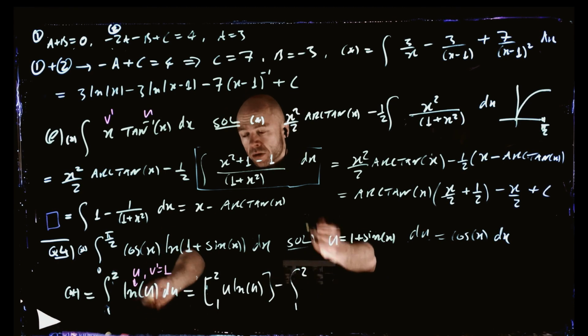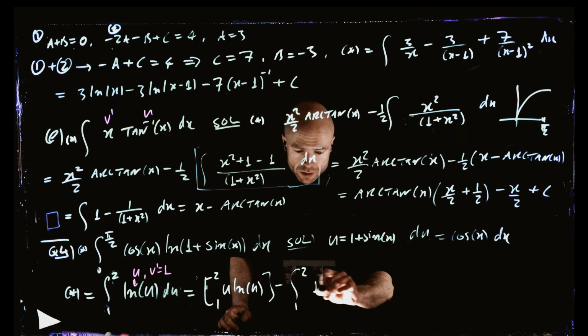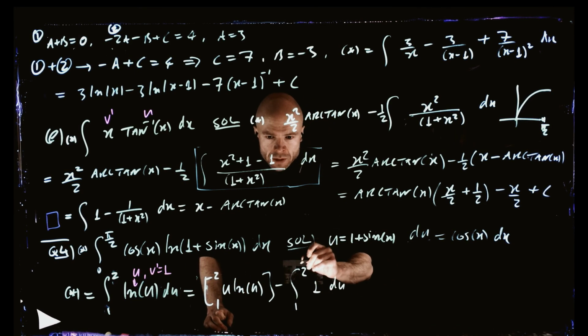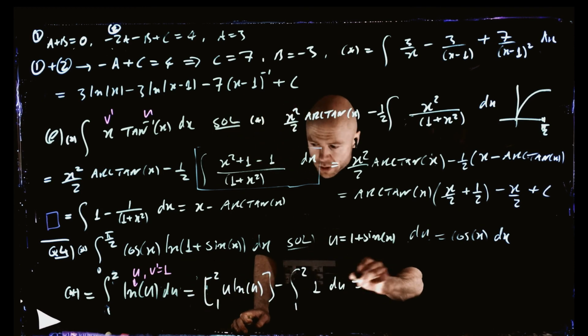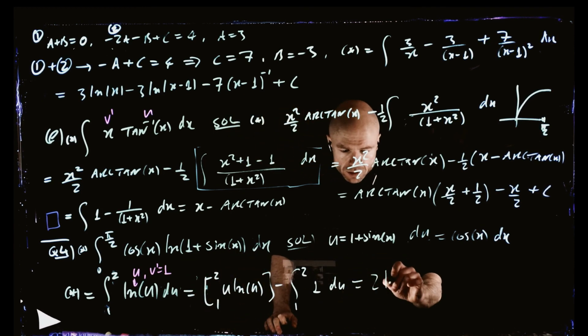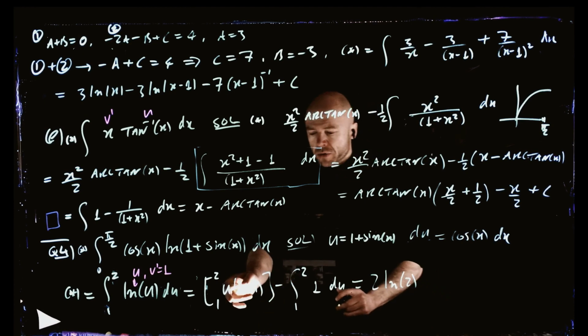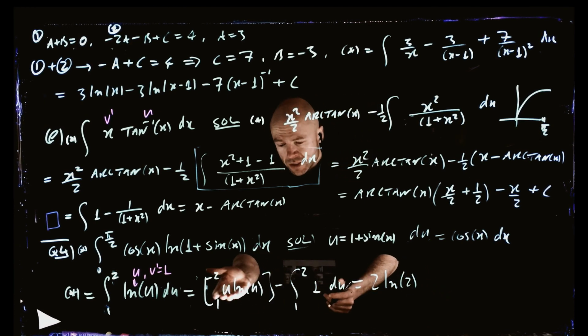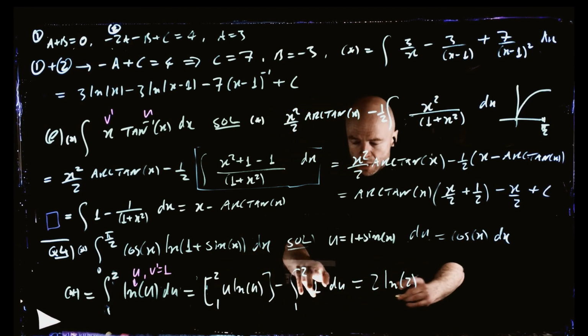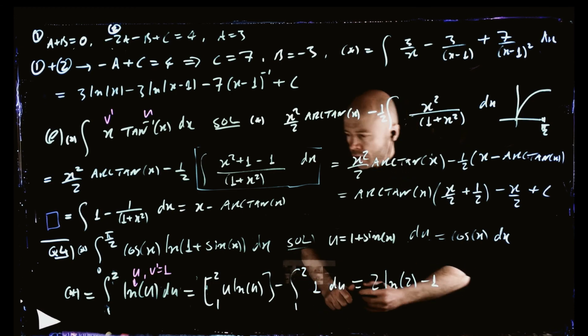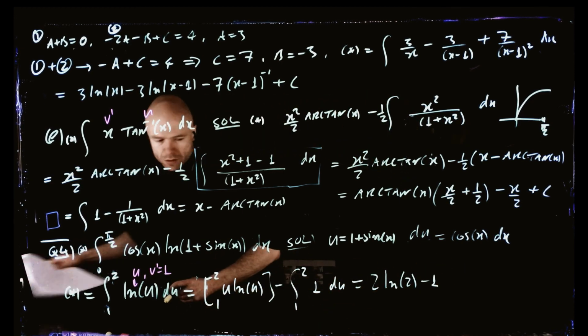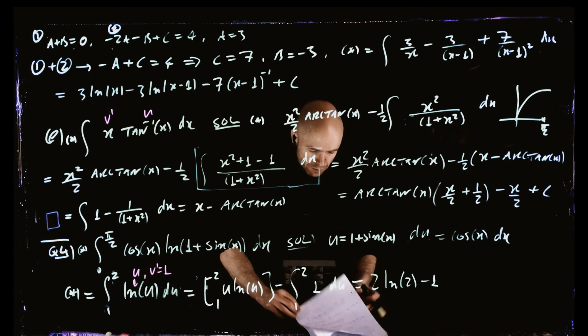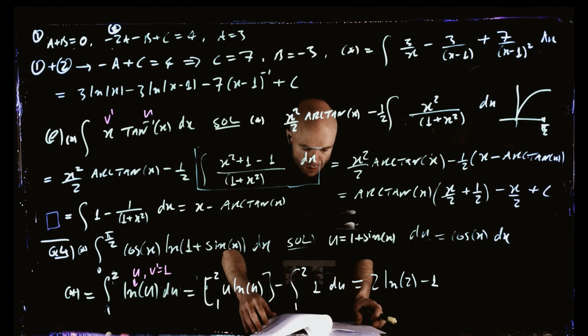So we get 1 over u times u, which is just 1. Then we just put the limits in. So we're going to have 2 log of 2, put log of 1 in here, so we get 0. So that thing is just 0, and this thing is just this. So this should be our answer. And it is.